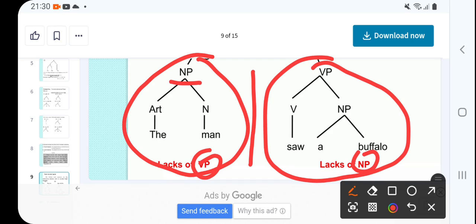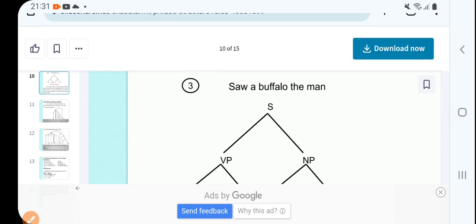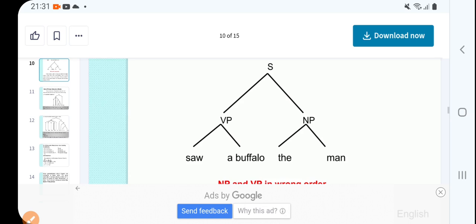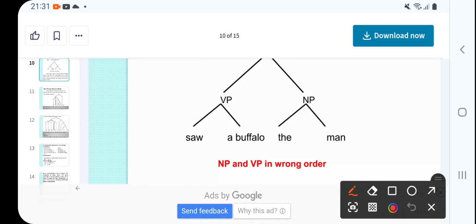So this is a noun phrase, this is a verb phrase, but they should be joined, then only is it a sentence. Either noun phrase or verb phrase alone cannot do, right? That is not a sentence. Now, saw a buffalo, the man: that's a NP and VP in the wrong order. Saw a buffalo, then the man, so that's not making complete sense.